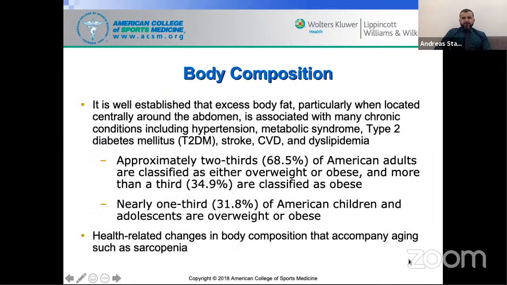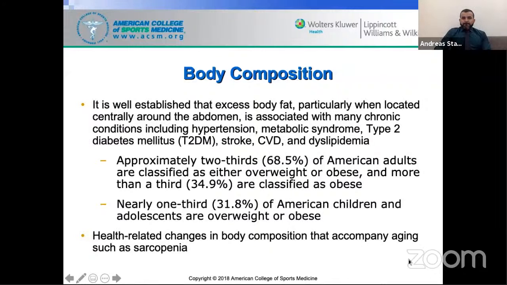Okay, body composition now. It is very important not only how much fat we have, but also where it is located, right? And if the fat is located around the abdomen area, this is, as you can see, related to many conditions.